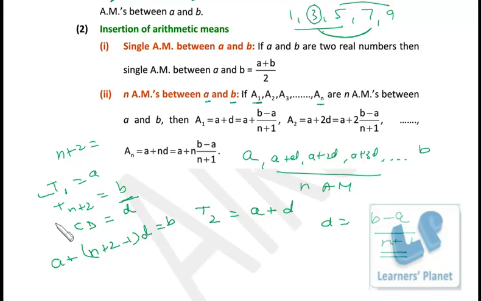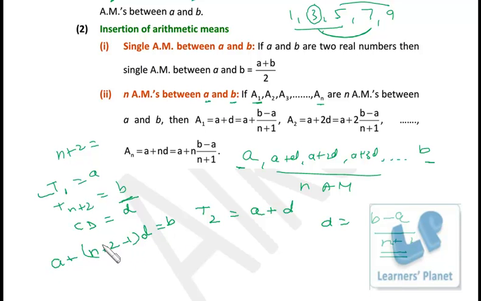There are n arithmetic means between A and B, so total number of terms will be n plus 1 plus 1. Total number of terms will be n plus 2, and this is the n plus 2th term, right? So A plus (n plus 2 minus 1) d should be B.